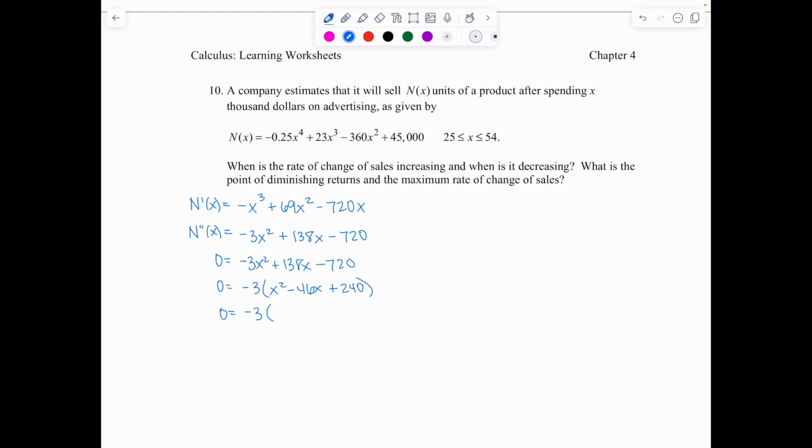Negative 3, x and x, 240, 46, 40 and 6, negative 46, positive 240, okay? So this tells us x equals 40 and x equals 6. So that's where we'll partition.